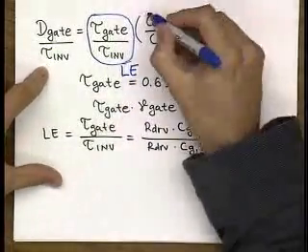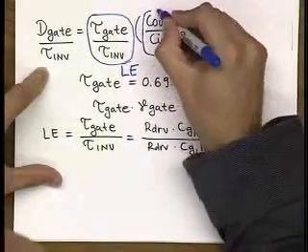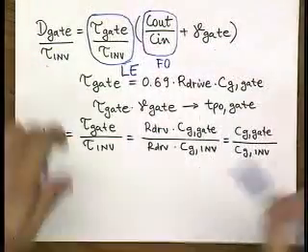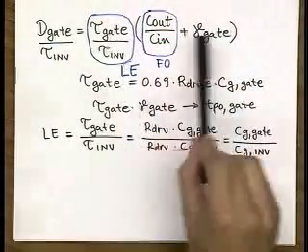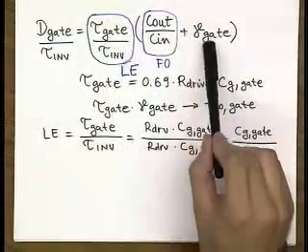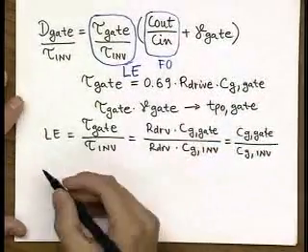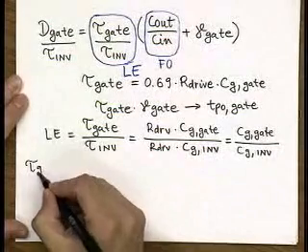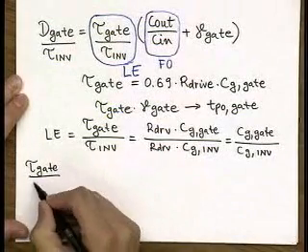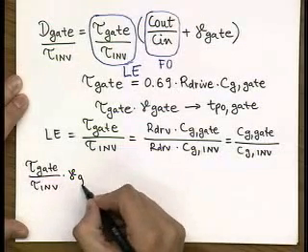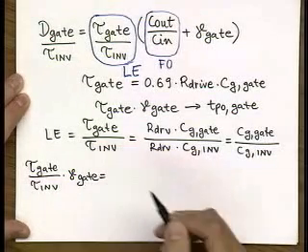The ratio of output to input capacitance is simply called fan-out. Nothing surprising. Now it's interesting to see what this other term equals: tau gate over tau inverter times the gamma gate. So we have tau gate divided by tau inverter times gamma of a gate.